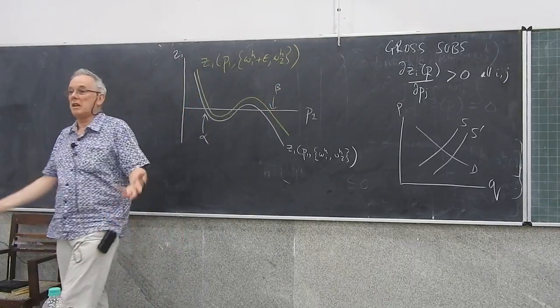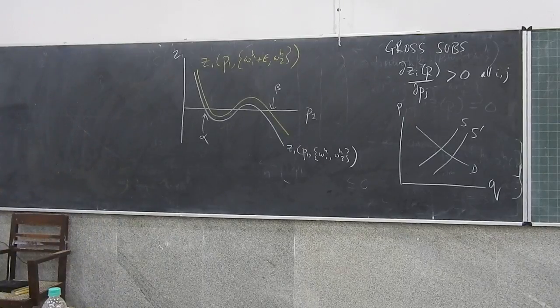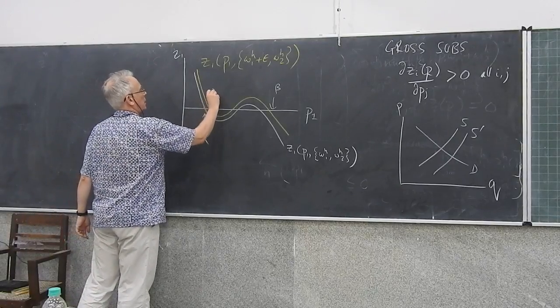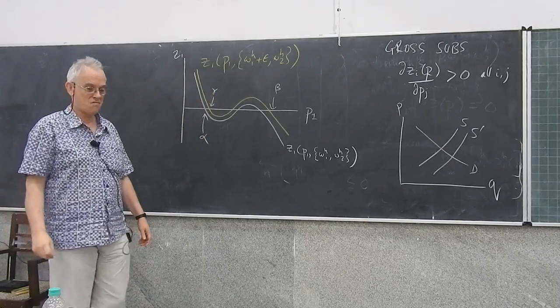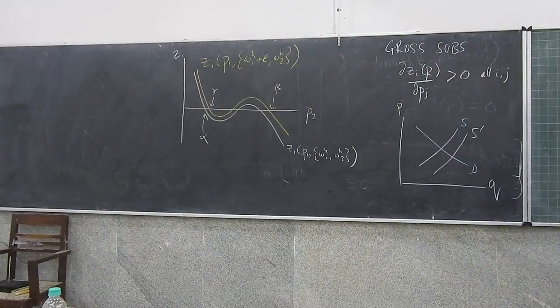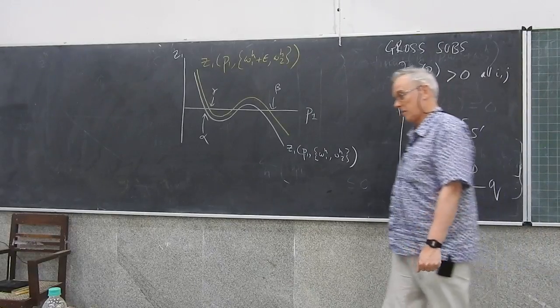Is there anything to tell us that we shouldn't compare beta with alpha rather than gamma with alpha? So multiple equilibria already raise a problem, because it's not the same as the simple partial equilibrium case, when it's obvious what you should be comparing. Here it's not at all obvious.